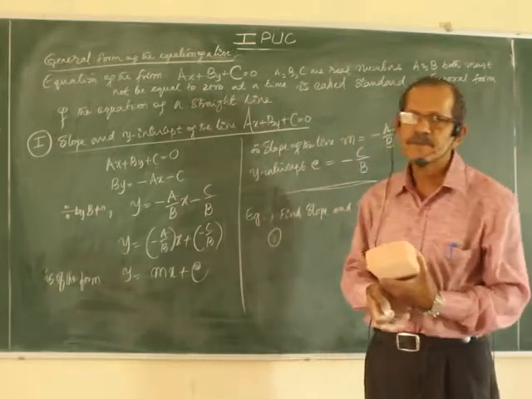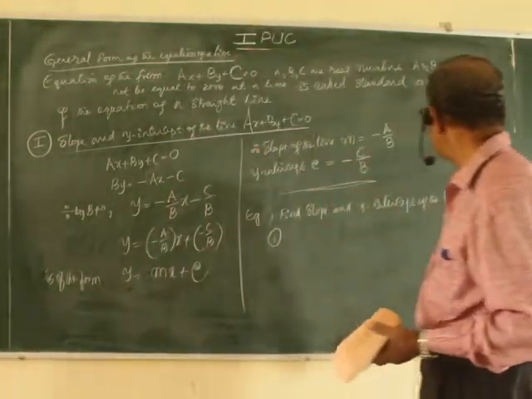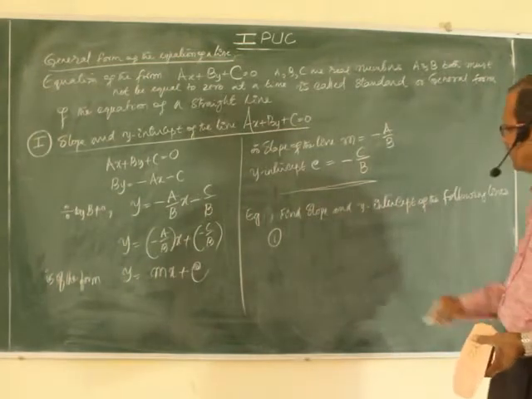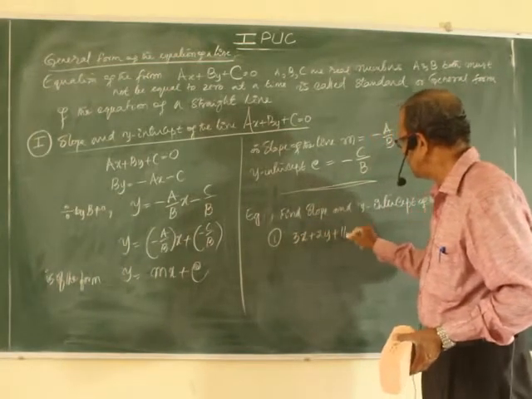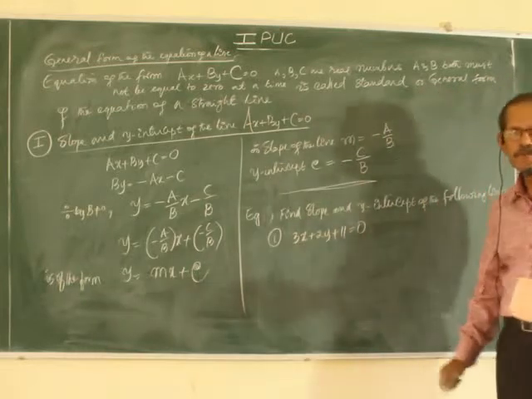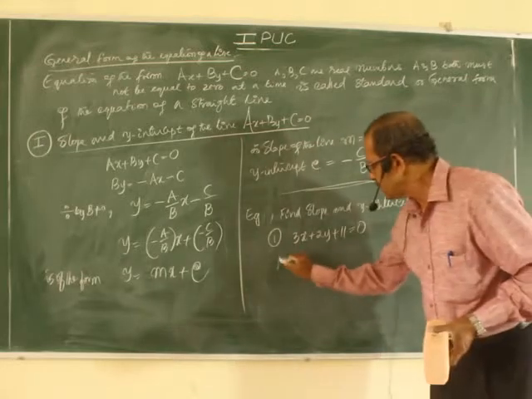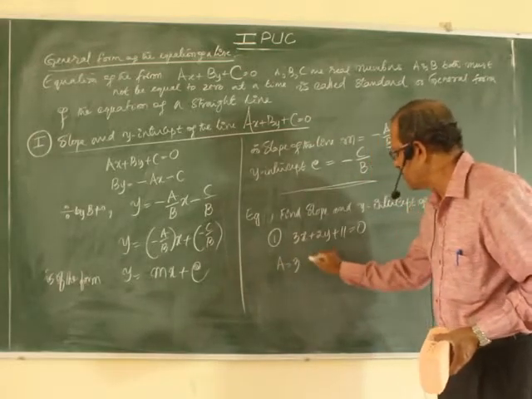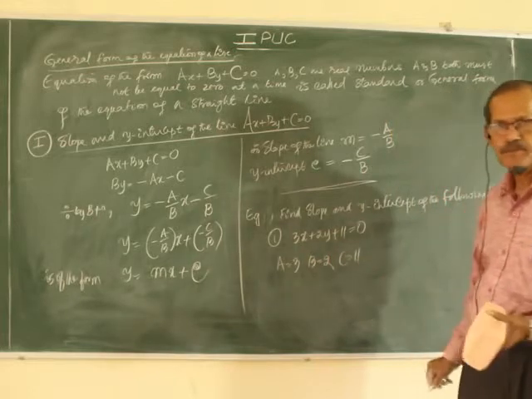Let me take 2 or 3 examples. 1. 3x plus 2y plus 11 equal to 0. A is 3, B is 2, C is 11.